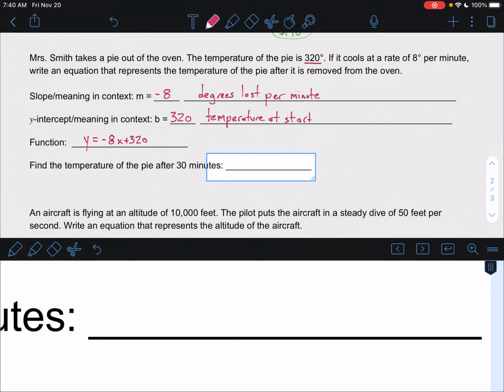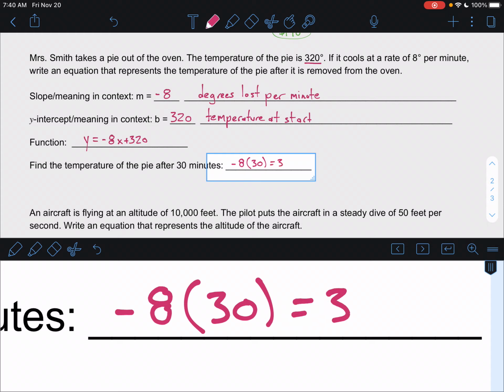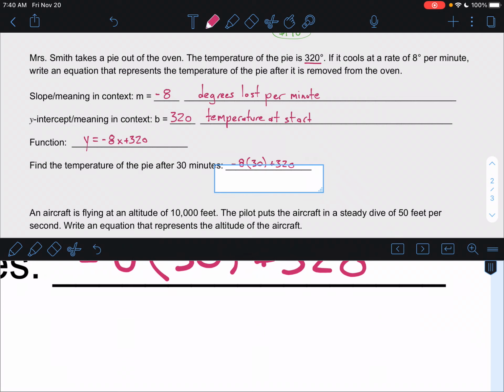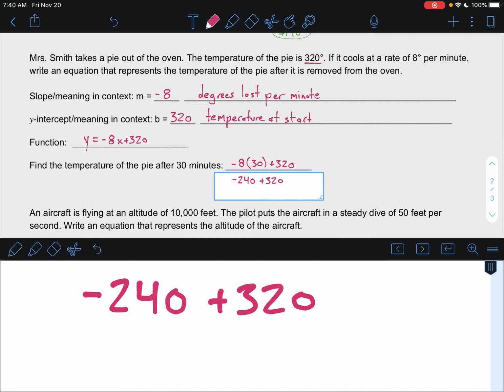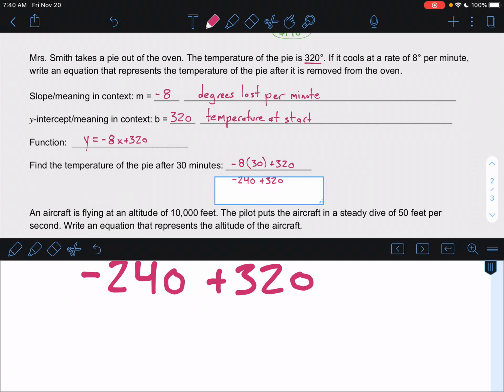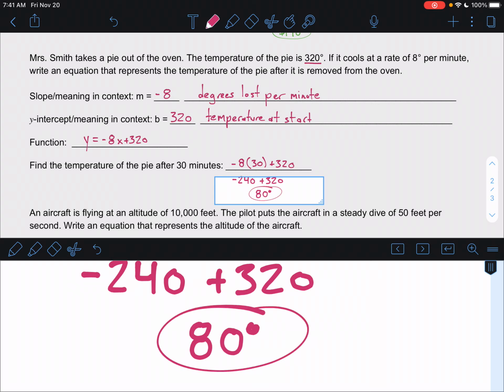So to find the temperature of the pie after 30 minutes, I'm going to do -8 times 30, plugging in 30 for x, plus 320. So -8 times 30 is going to give me -240 plus 320, and -240 plus 320 is 80. So after 30 minutes, that pie is going to be 80 degrees.